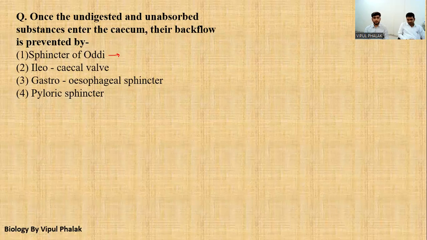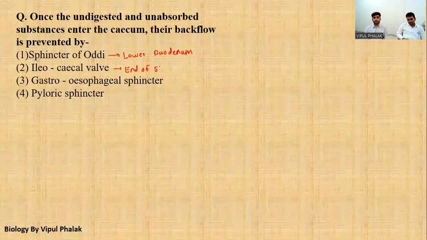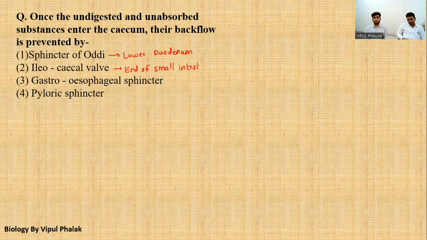Sphincter of Oddi is present in the second section or the lower section of the duodenum. Ileocecal valve is present at the end of the small intestine and start of the large intestine.